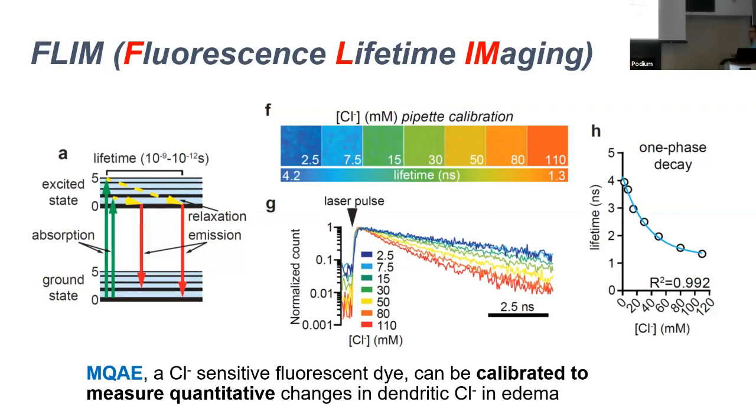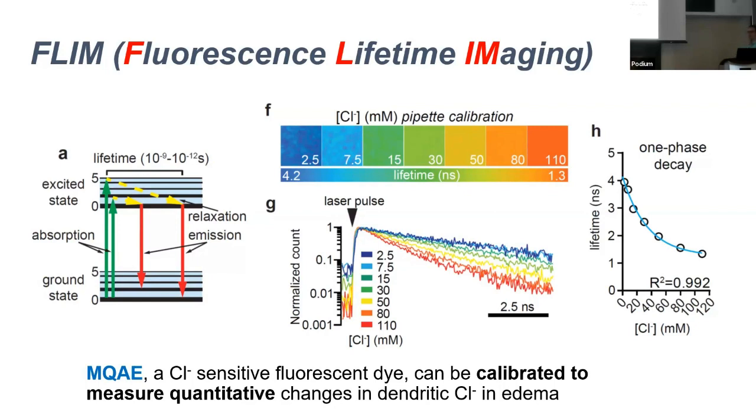And the reason why this is important is because it's a quantitative measure. And so if we use a chloride sensitive dye to image chloride maps in the dendrite, for instance, you can calibrate this dye to different concentrations of chloride to give you reliable lifetime readouts depending on the chloride concentration. And these lifetime readouts will not change regardless of the concentration of the dye.